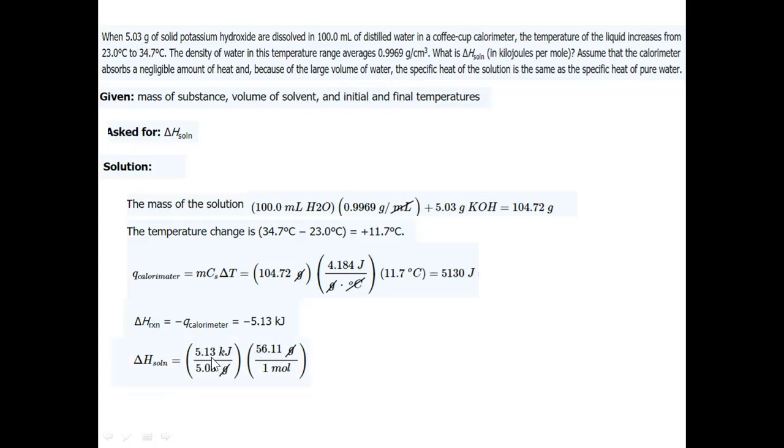So 5.13 kilojoules per 5.03 grams, multiplied with the molecular weight of potassium hydroxide, which is 56.11 grams per mole. This gives us a final answer of negative 57.2 kilojoules per mole. Now that ends my presentation for this problem. Our next experiment would be heat of combustion.